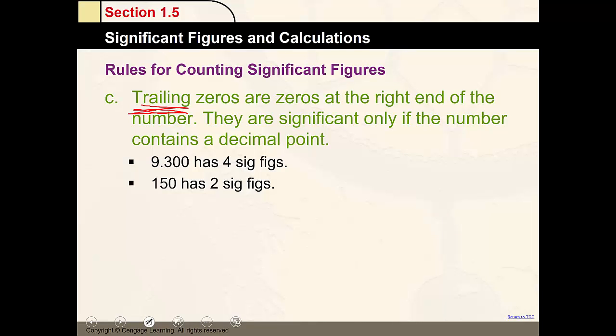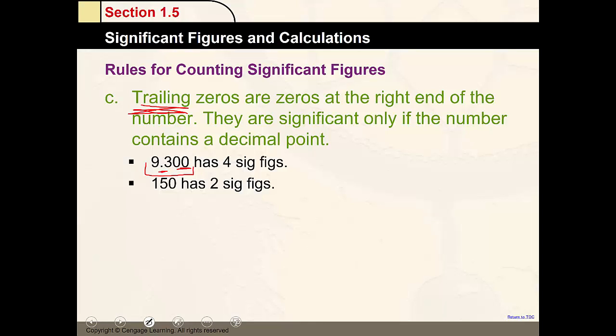Now the last type of zeros are the most tricky because sometimes they are significant and sometimes they are not. So trailing zeros, zeros at the right end of the number, meaning zeros at the end of the number, these are only significant if the number contains a decimal point. So 9.300, these trailing zeros, these zeros at the end, they do count because there is a decimal point. So all four of these digits are significant.